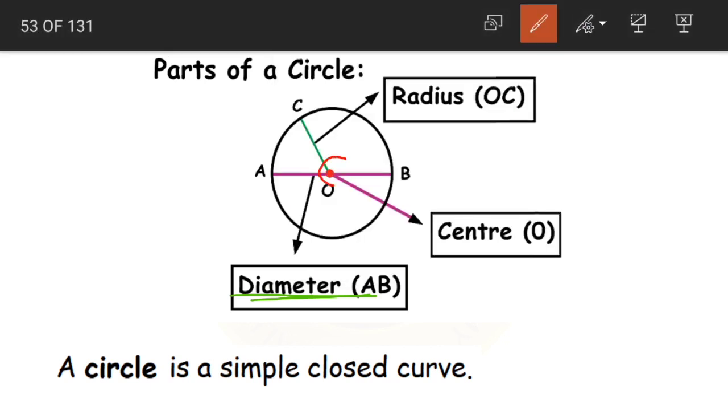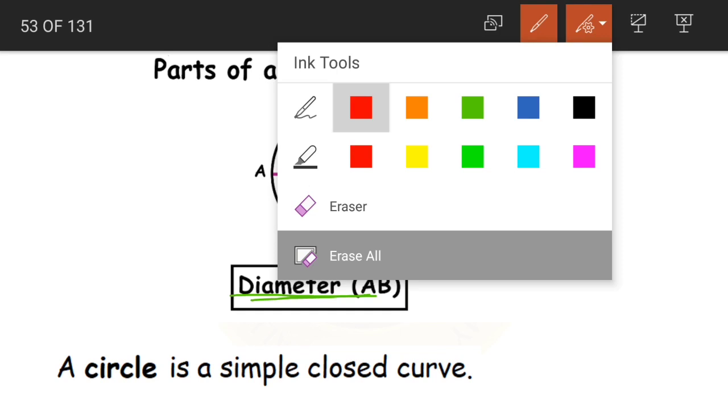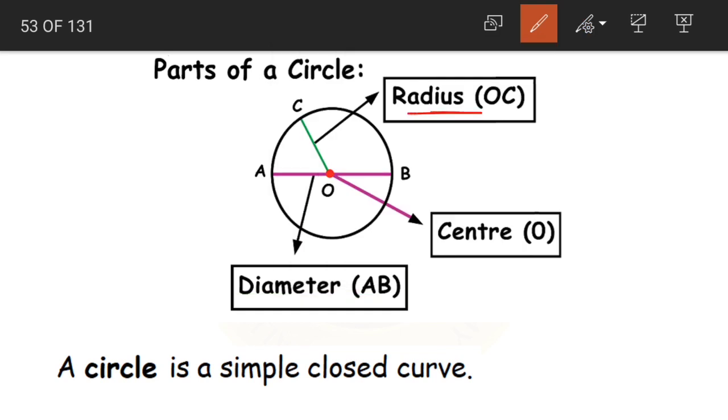Now here again, as we have learned in the first class of geometry, each point has a name. When we are talking about our radius, from our center to the circle, our center is named O. The center of the circle is simply a point. Yes, so it is named by a capital letter O here.